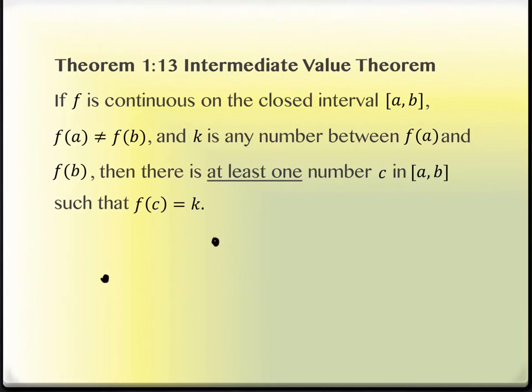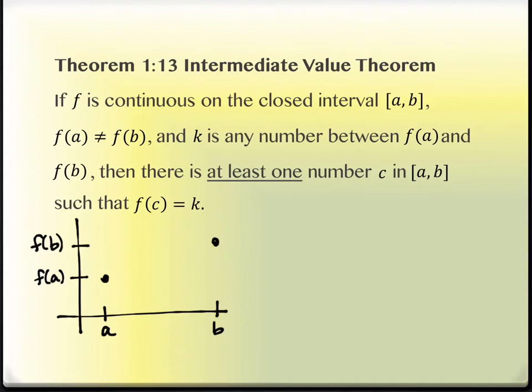Okay? And k is any number in between f of a and f of b. So let me put this on a graph so you can kind of see what it's saying. So here's a, and here's b. So this is the y value, or the f of a value. And right up here is my f of b value.